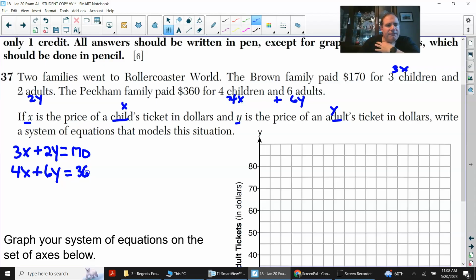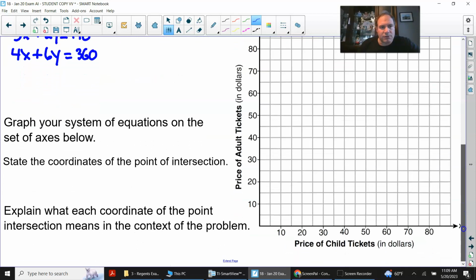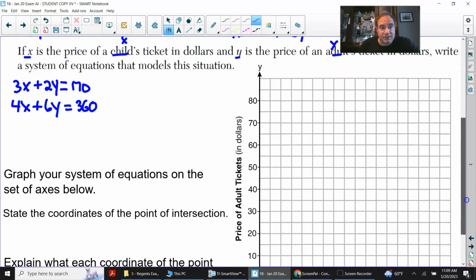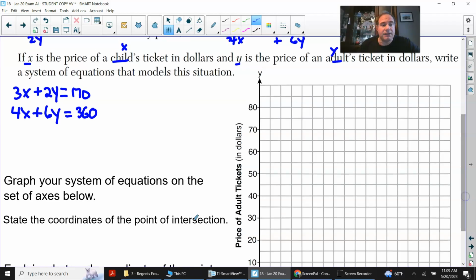You have to graph each one of these on the graph given, and then answer questions: state the coordinates of the point of intersection, and explain what each coordinate means in the context of the problem. This is a long problem because it's a 6-point question. That's the reason.